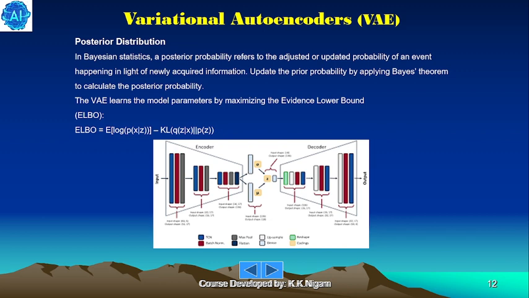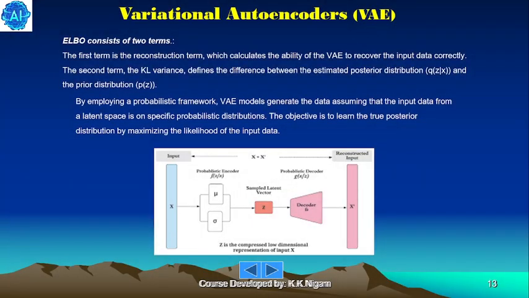The VAE learns the model parameters by maximizing the evidence lower bound, that is the ELBO. ELBO equals E[log P(x|z)] minus KL of Q(z|x) divided by P(z). So this is the formula for calculating the ELBO.